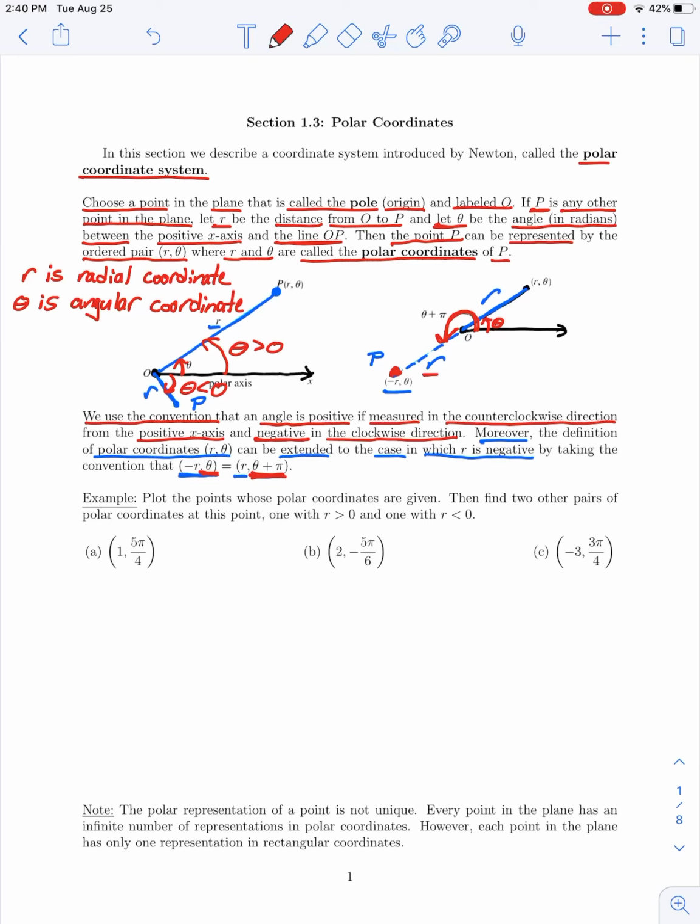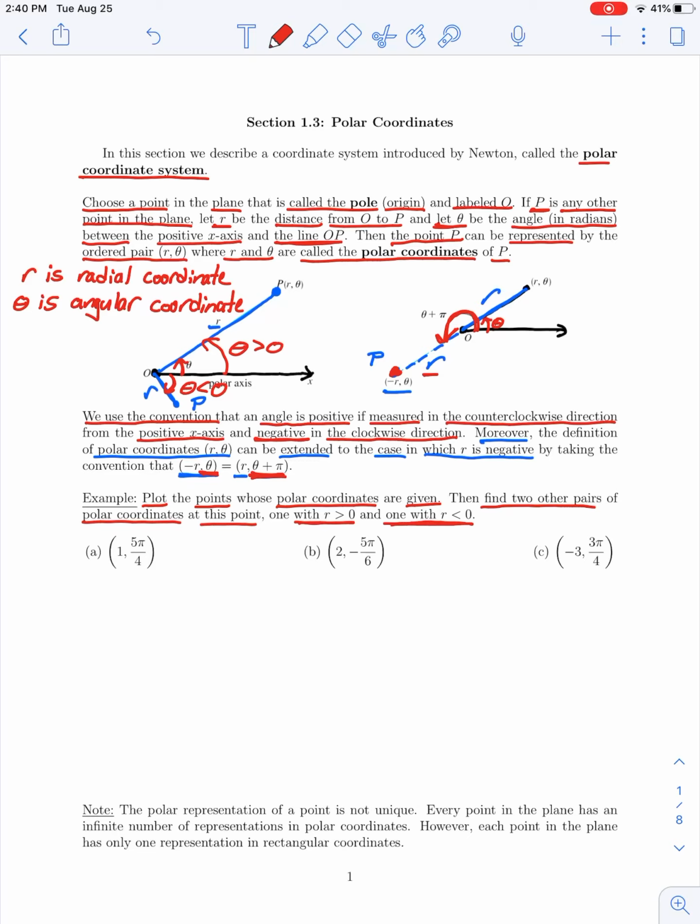So let's look at some examples to familiarize ourselves with this polar coordinate system. In this first example, we are asked to plot the points whose polar coordinates are given. And then we're supposed to also find two other pairs of polar coordinates for that point, one which has a positive value of r, and one which has a negative value of r.